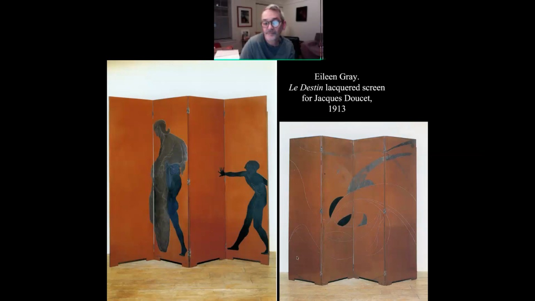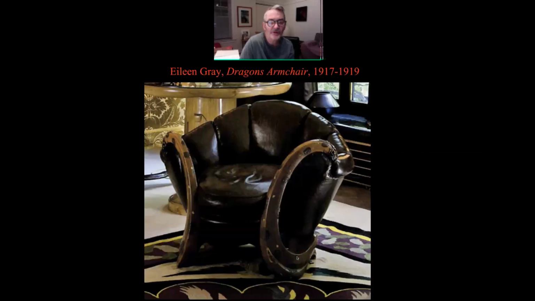Lacquered screens, these freestanding screens, were popular as a way of dividing space. I think it is not exclusively an Asian idea, but it seems like it's more Asian, less European. Dragon's armchair.